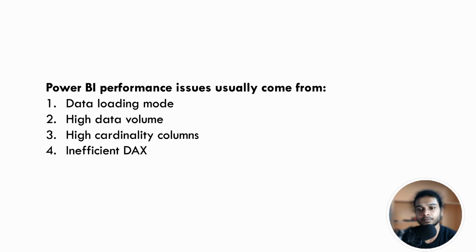These are the most common issues that you can face in Power BI. The first one is data loading mode. Like we talked about, there are two types of data loading mode, the most used ones, import and DirectQuery. Obviously, if the data loading mode we selected is DirectQuery, it is going to be relatively slower than import, because every calculation that we do has to be converted into SQL, and it has to do back and forth transactions with the data source where we get the data from.